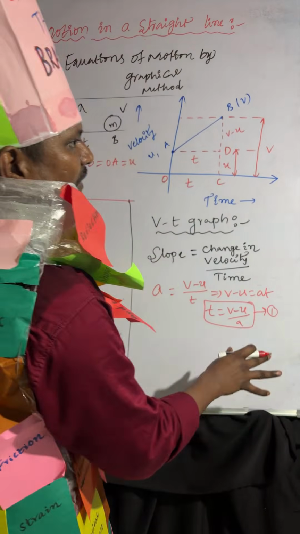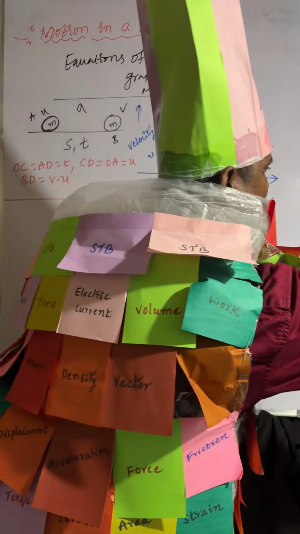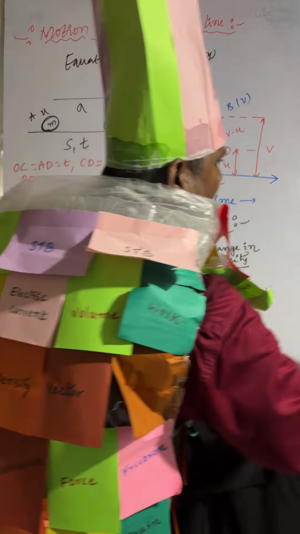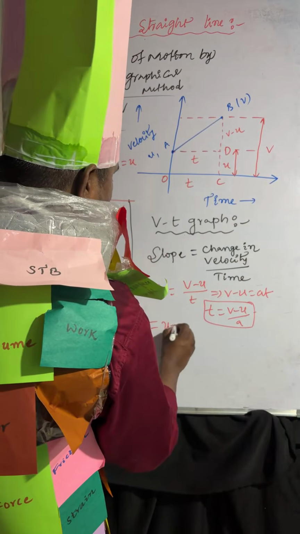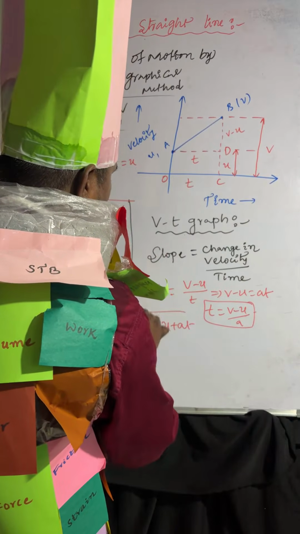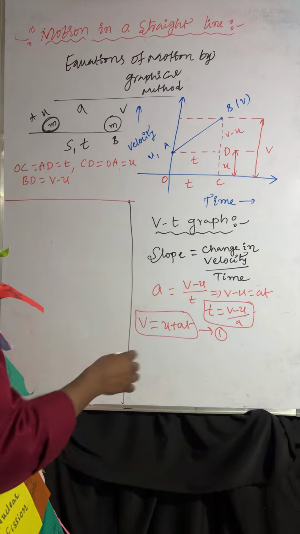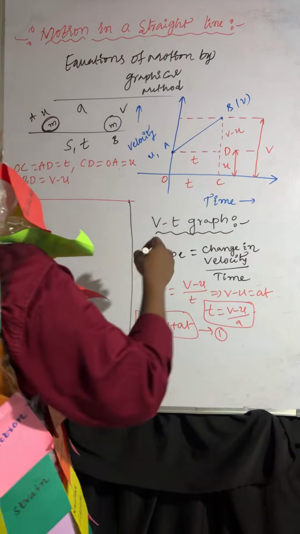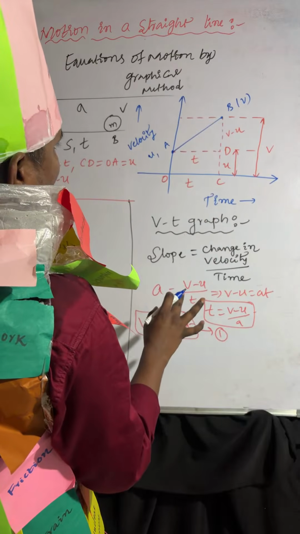Just keep it like that. Now V equal to U plus AT. This is the final equation. So in equation 1, we have to substitute the T value. That's why I'm mentioning it.